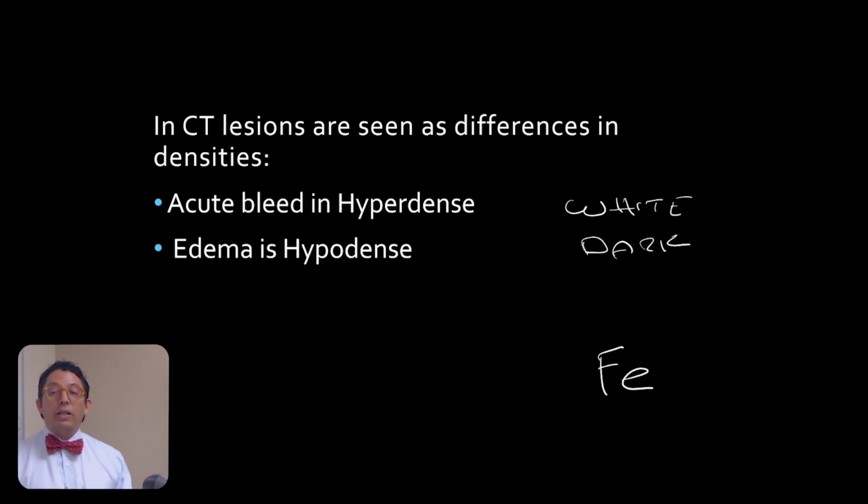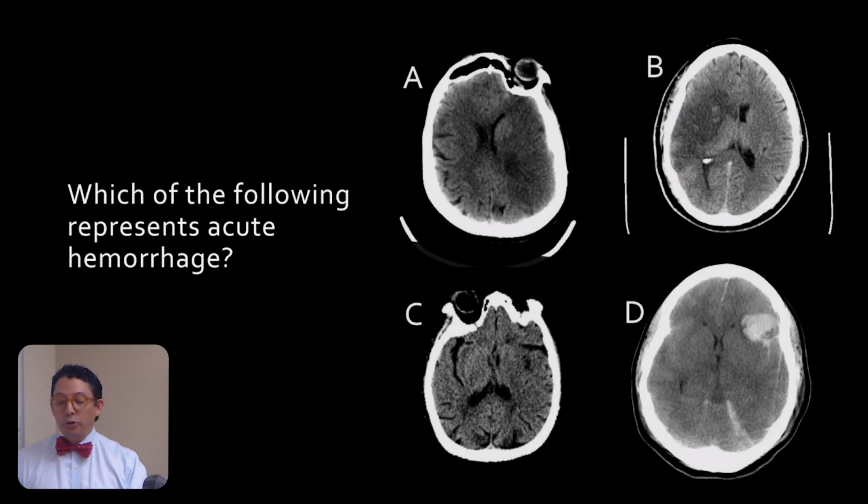Now, what is dark in the brain? Dark is usually things that contain high amounts of water. And when we see higher amounts of water than usual, we call that edema. We're going to have a whole talk on how to go through hyperdensities and hypodensities to detect disease. But we're going to see examples here.